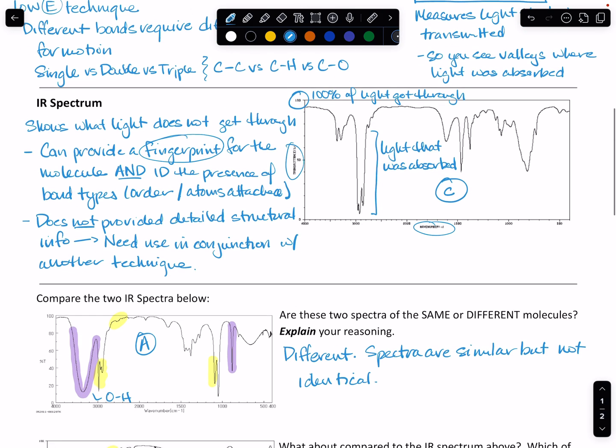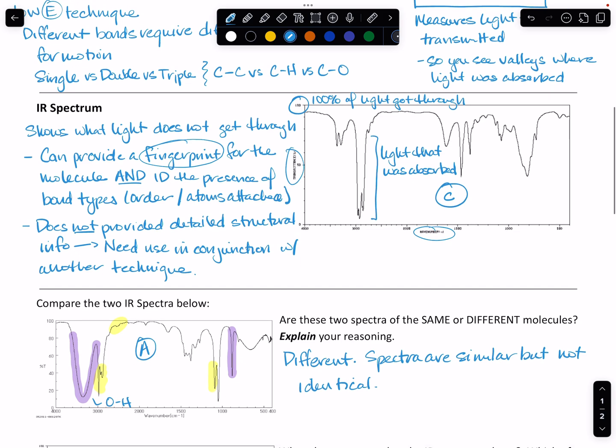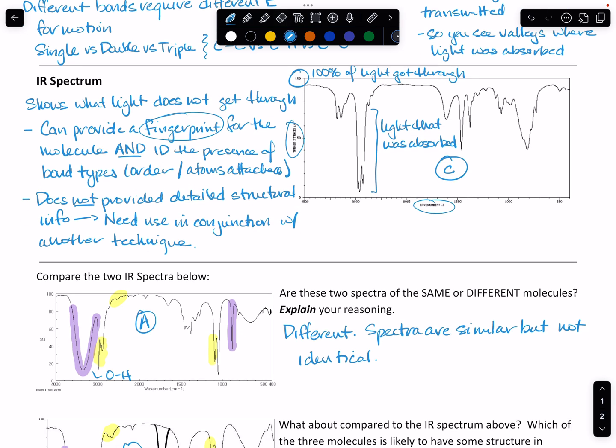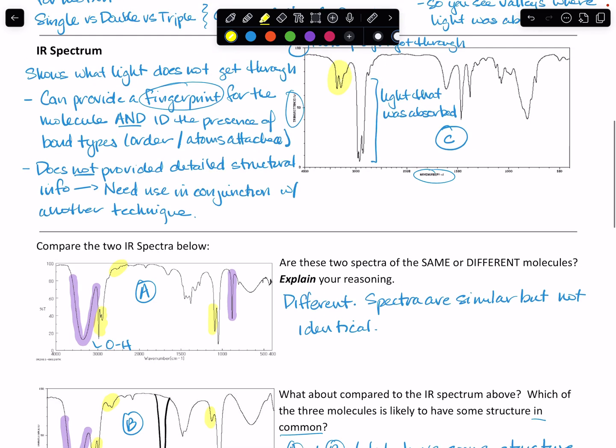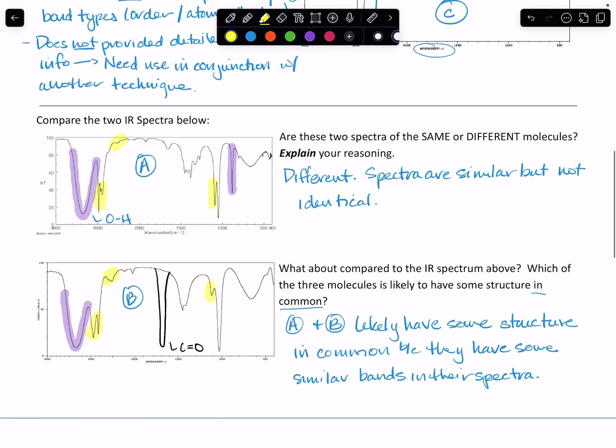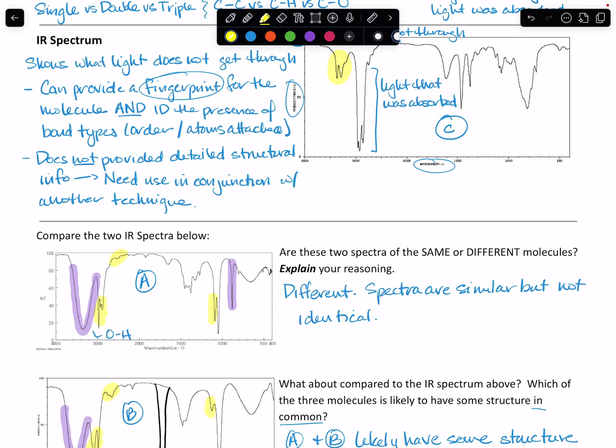If we look up at C, you can see we're missing that huge peak. So that's clearly something very different. Other than that, there's really not a lot that is similar between C, A, and B.